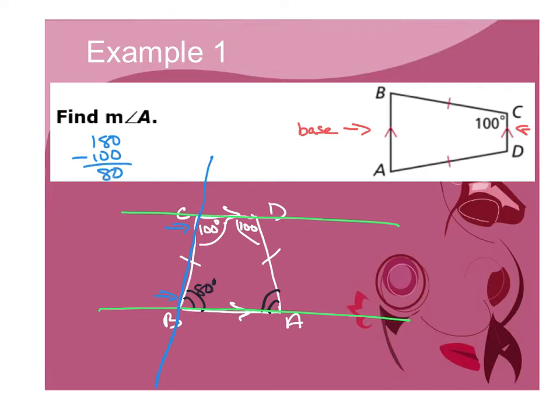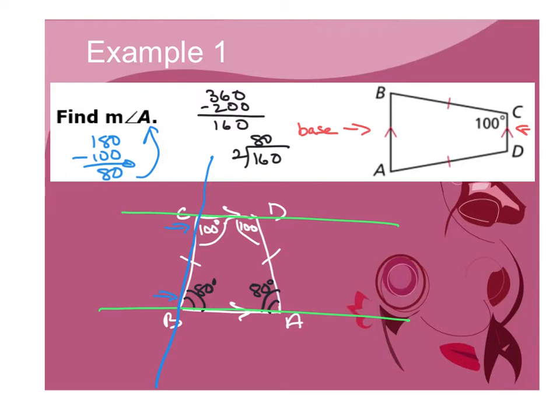So this angle's 80, and so is this one. You could double check that they all add to 360. You could also have added the two 100s and done 360 minus 200, leaving 160, and then divide that by 2. This is another way you could have found those other two base angles. So the measure of angle A is going to be 80 degrees.